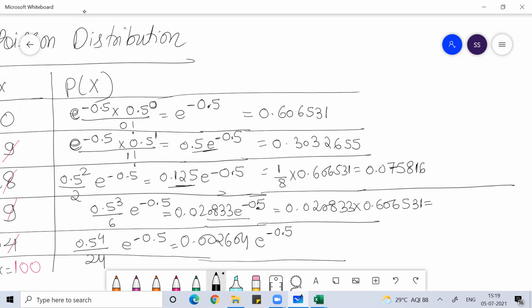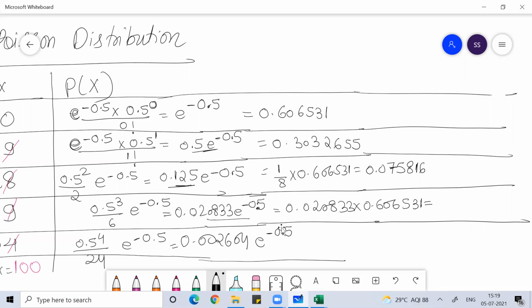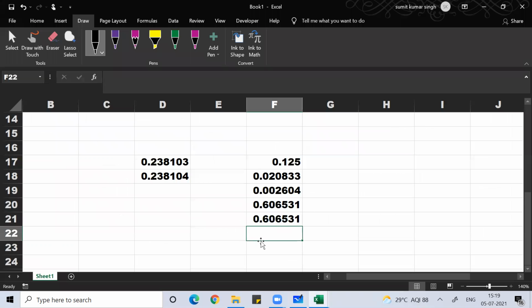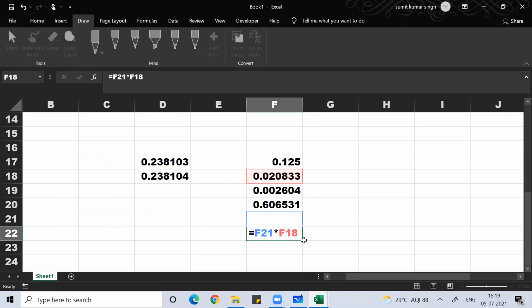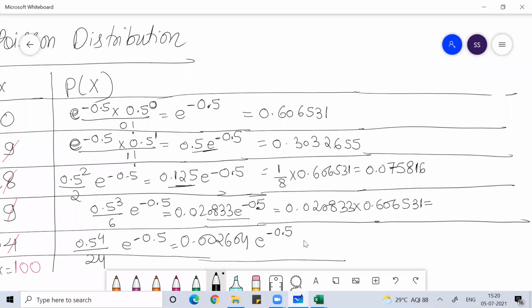You can use a calculator, and you multiply 0.020833 with 0.606. So this into 0.606531 gives 0.012636.